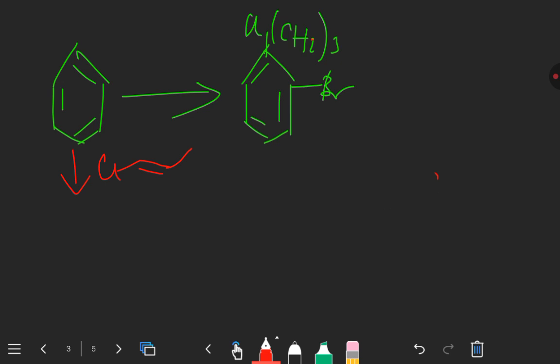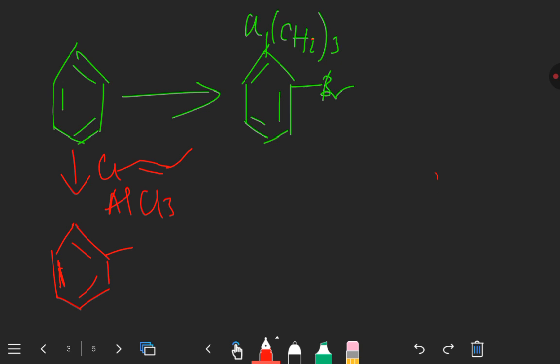Alright, so we can now have something of this kind. So we'll have this reaction must occur in presence of aluminum chloride, like that. So we're going to have this group attached.